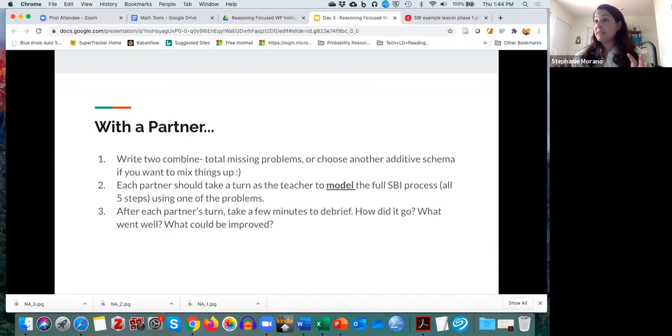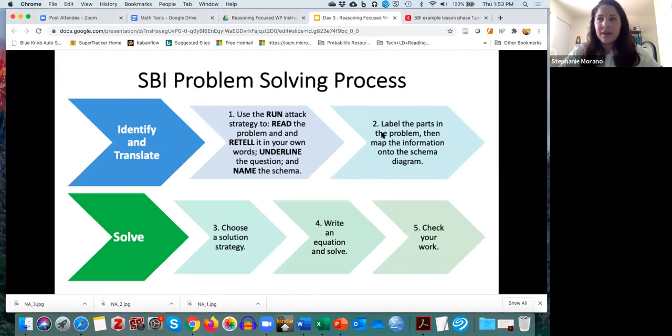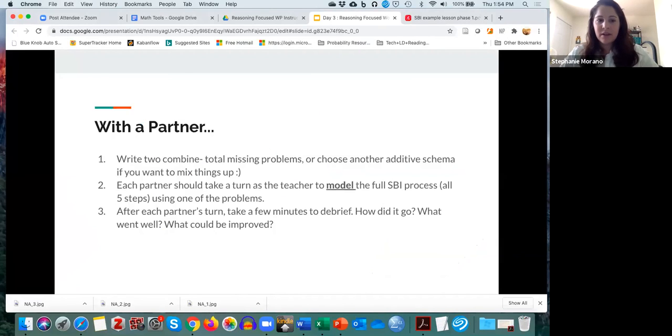But hopefully we'll get to touch on all of that when we look at the multiplicative schemas. So right now I'm going to send you back into breakout rooms with 1 or 2 other partners to write some problems and then practice working through the whole SBI process.